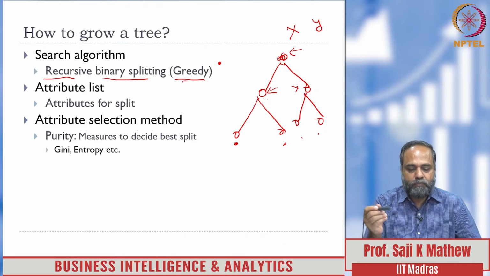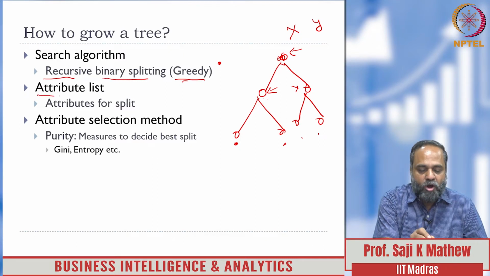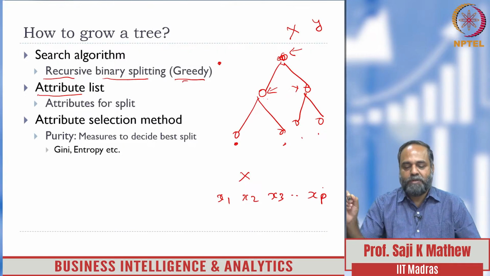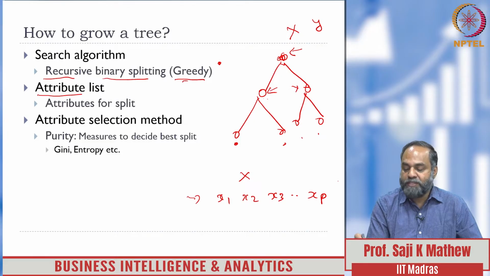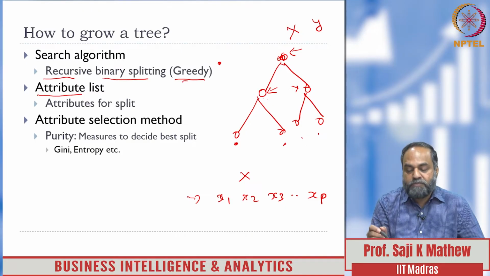So data, and along with that the attribute list. If there is X, then what is X1, X2, X3 to XP, there are P number of variables, and their data. This is the set of attributes. Y is separate, that is the target variable. This far is fine. Data, attributes, target variable all defined when you specify a model.